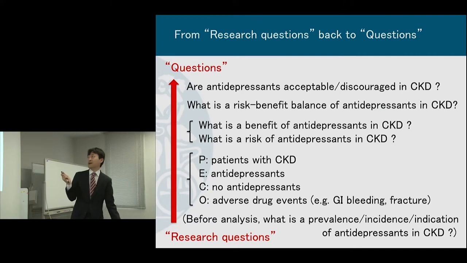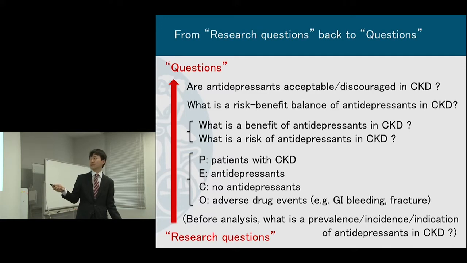Okay, so coming back to be more comprehensive, I return to my two research questions. I conducted the first paper, a drug utilization study, suggesting that antidepressants are more likely to be prescribed in patients with CKD. But there was an excess risk increase in patients with CKD, and an RCT suggested that the benefit was not there.